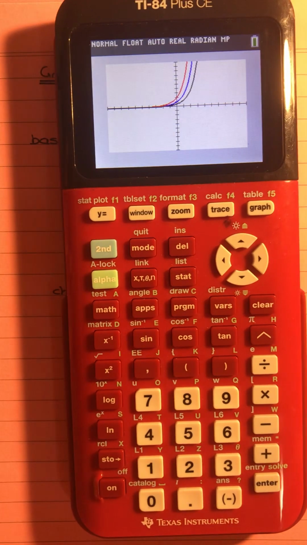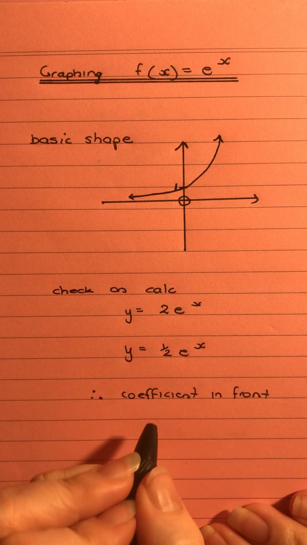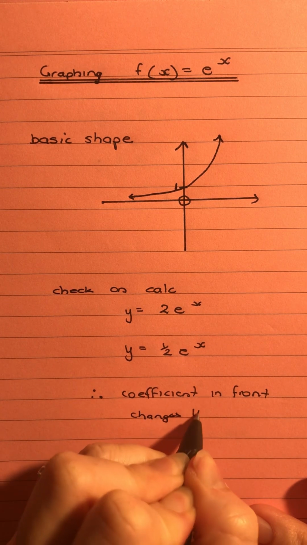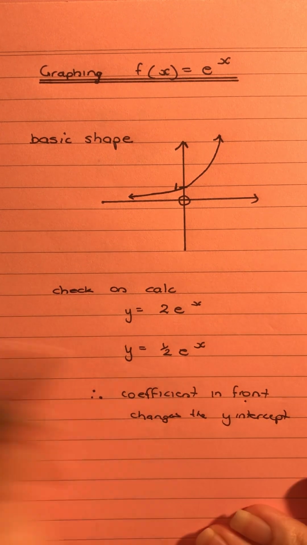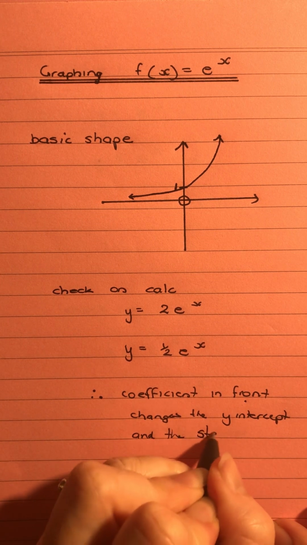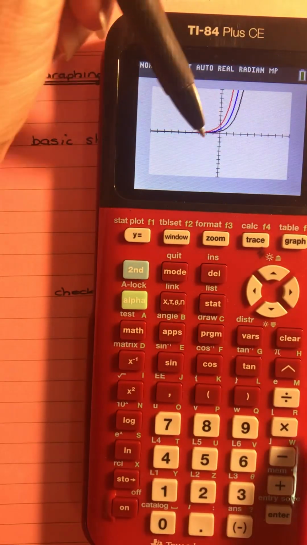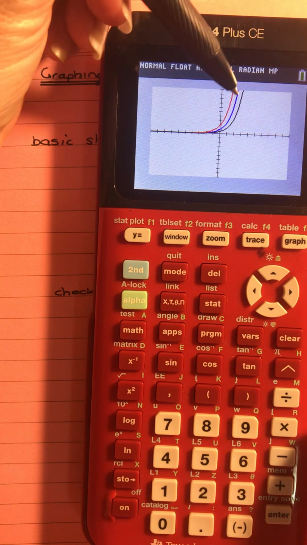So there's our difference when we put that coefficient in front. So it's changing the y-intercept and also the steepness of the graph, because we can see we've still got our approaching 0 there, it's just changing where it cuts and that steepness of our graph.